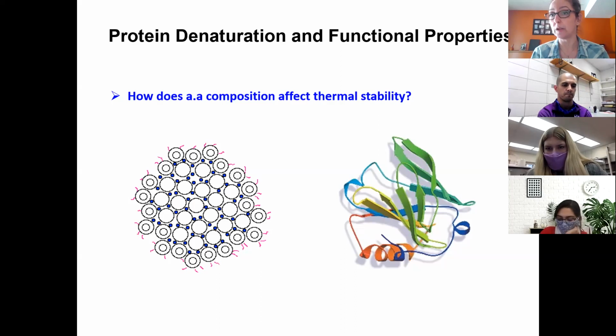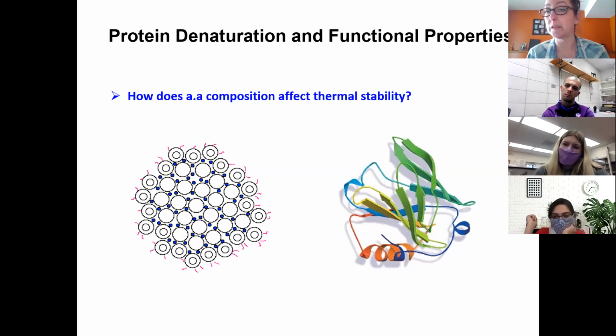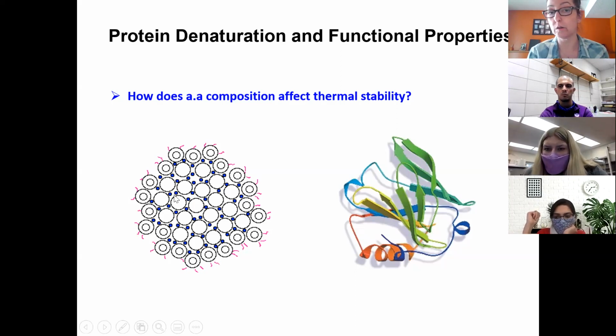There are some other factors that impact denaturation temperature, but that all brings you to the amino acid composition. If you have high cysteine, you have high potential for disulfide linkages, for example. If you have a high percentage of hydrophobic amino acids, you have a high degree of hydrophobicity that stabilizes that structure, whether it is a tertiary structure or quaternary structure, such as the casein micelle, which is a quaternary structure.